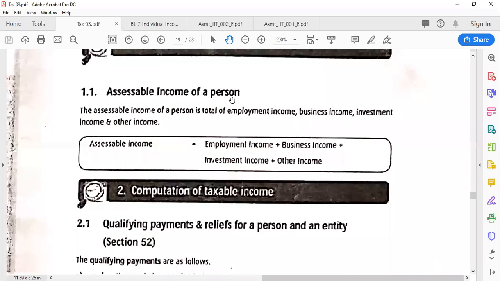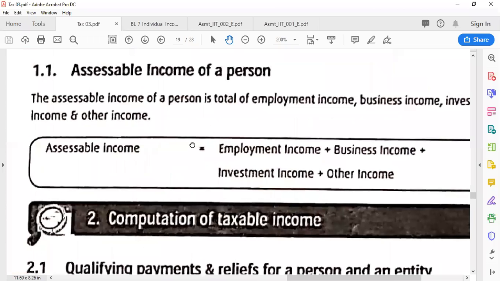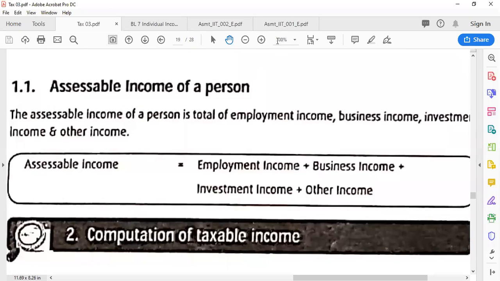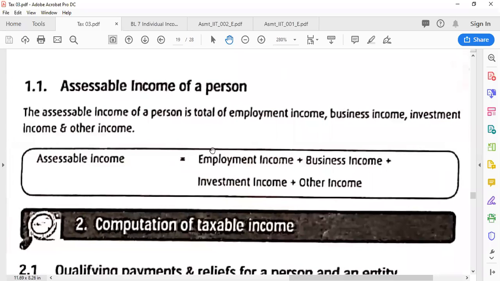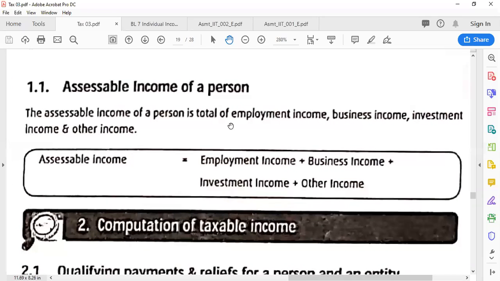The assessable income of a person is the total of employment income, business income, investment income, and other income. So this is the formula.